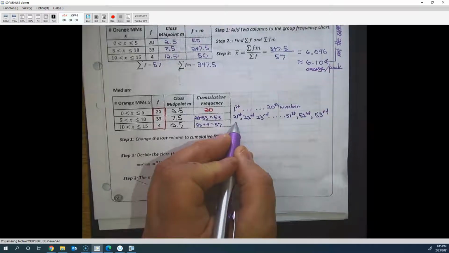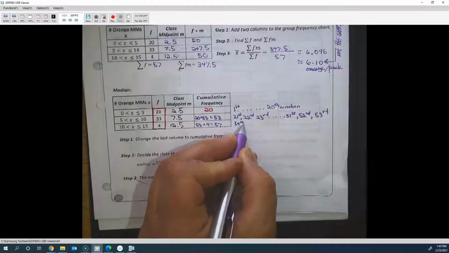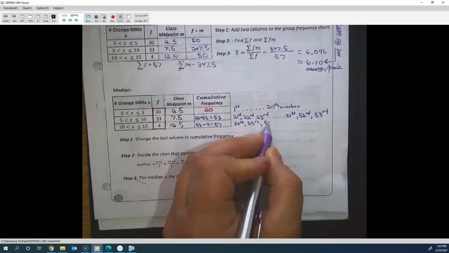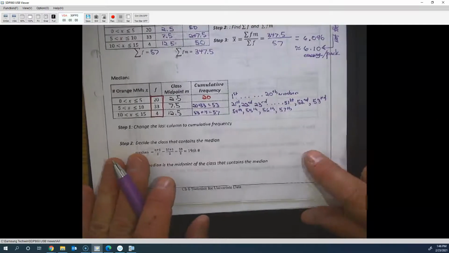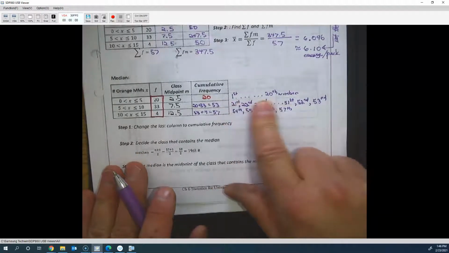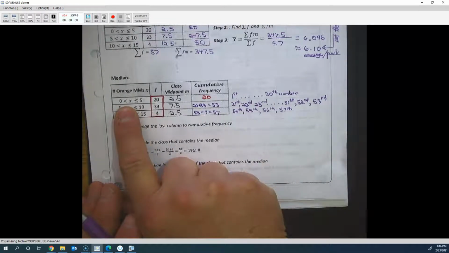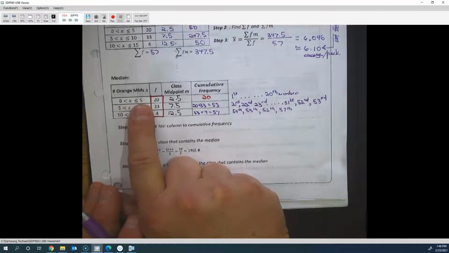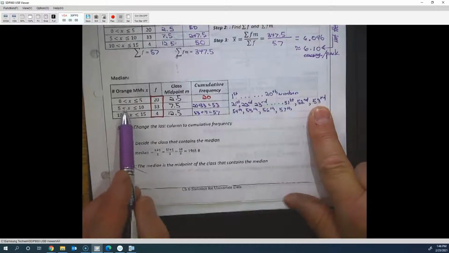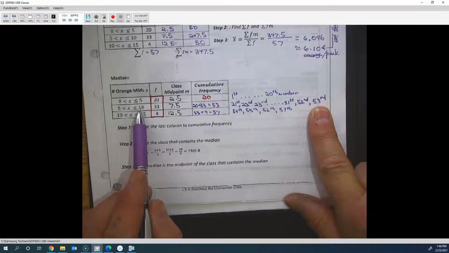And then my last class would contain the 54th number, the 55th, 56th, and the 57th number. So this is the position of the numbers that are in each one of these. The first 20 positions are going to be between 0 and 5. The 21st number to the 53rd number is going to be numbers that are between 5 and 10, and so on.